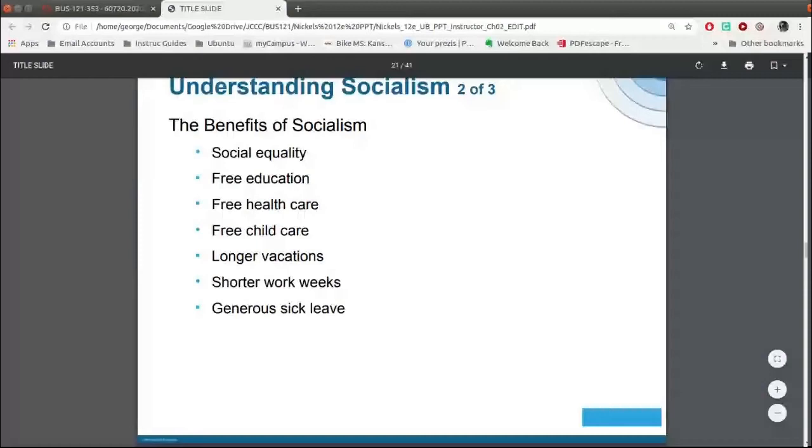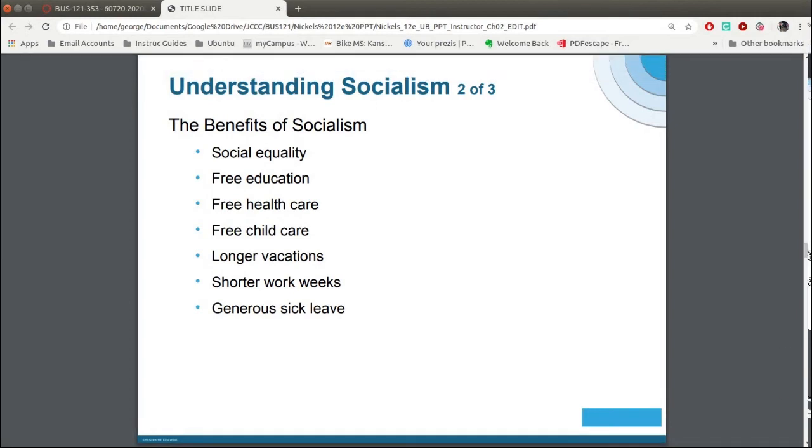They say, okay, we're going to have free education, free healthcare, and things like that. The issue with that is you're going to have to pay for it through your taxes. And so under socialism, your paycheck is actually much less because of all of the taxes that are taken out to give some of these so-called free benefits.